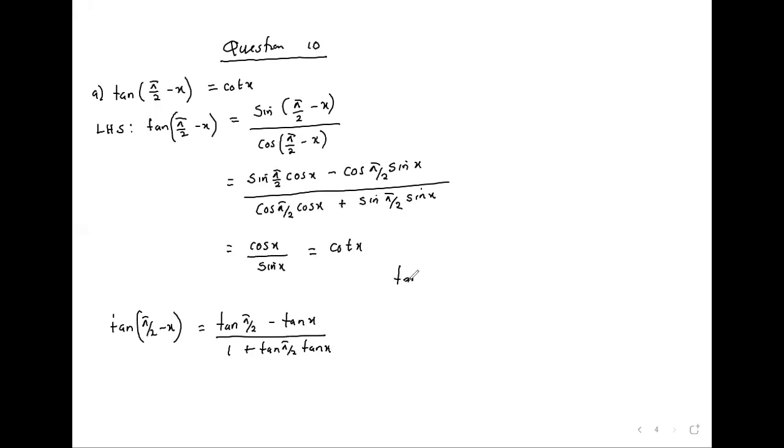But tan 90 is 1 over 0, which is undefined. So you can't use what is undefined.